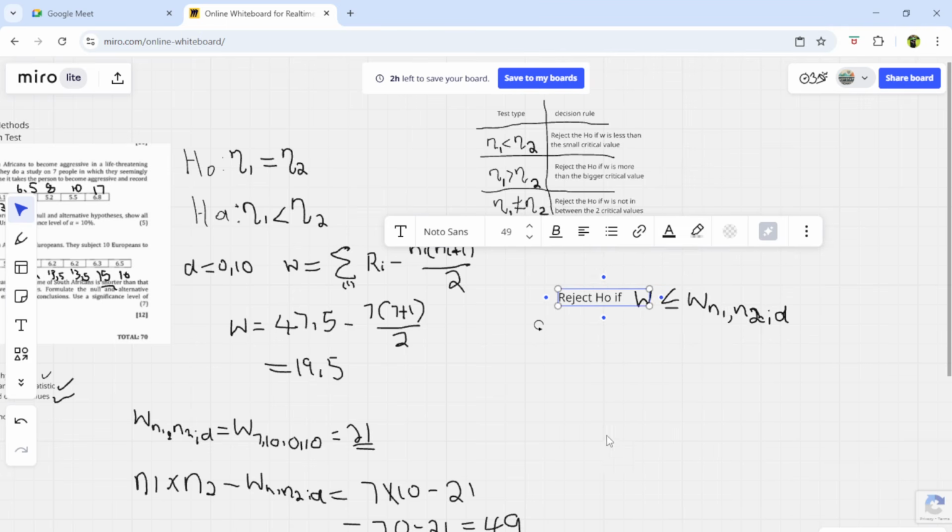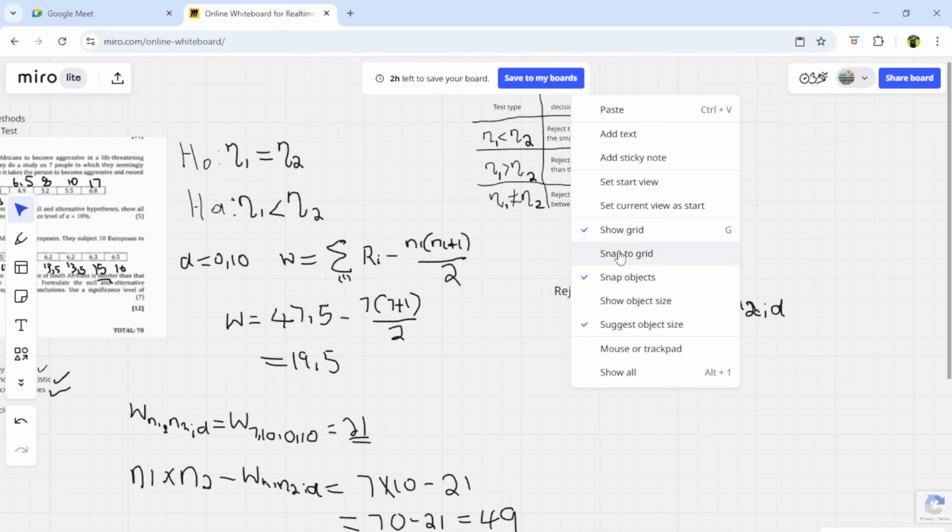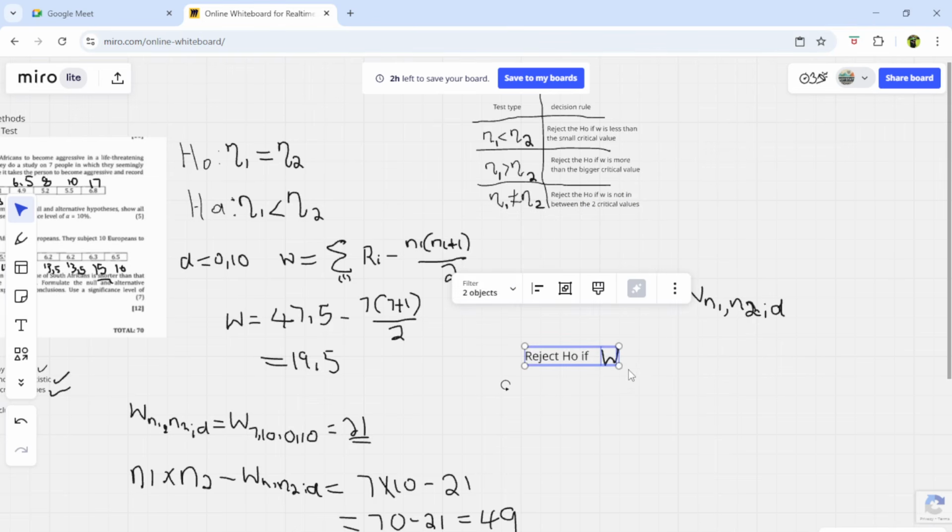Let me copy this and paste it here. So you're going to reject the null hypothesis. In this case, it's not an if, it's a statement. Reject the null hypothesis, because you can see that the value of W is less than 21. So if it's less than 21, you do reject the null hypothesis, and then you draw a conclusion.